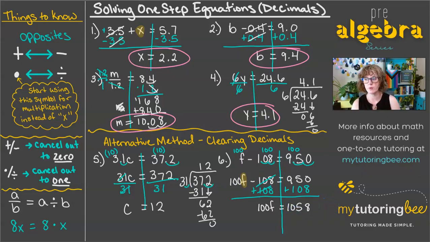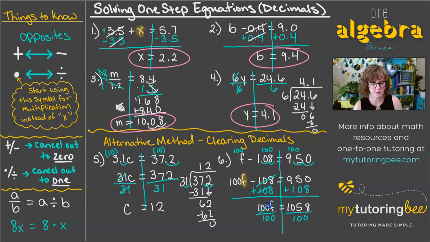All right, so now we do need to get rid of that 100 that's being multiplied times f. So we're going to do that by dividing by 100. Divide by 100. Now this might look a little scary, but don't worry, because remember when we multiplied all of these numbers by 100, we just took that decimal and moved it 2 times to the right. When we divide by 100, we're going to take that decimal and move it 2 times to the left.